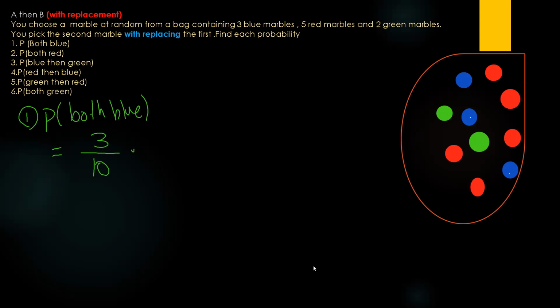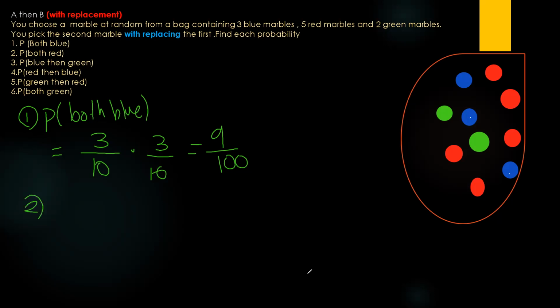Then I will choose the second one, blue. How many are blue now? They are still 3 over 10. I didn't take any of the marbles outside. So the answer will be 9 over 100. The first one is blue and the second one is blue. And here with replacing, I take it, then I replace it.